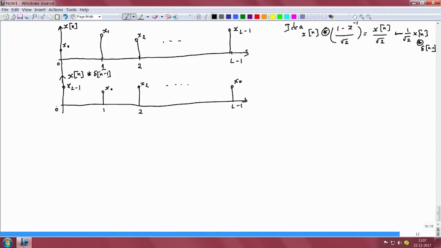So, this is what we have. So, this one is y 1 of n, and similarly y 2 of n is nothing but x of n by root 2 plus 1 by root 2 times x of n convolved with delta of n minus 1.